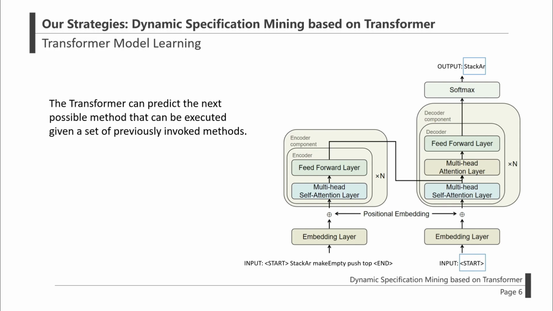For example, when the method prefix is start, the next most likely method to appear is stackAR. Adding it to the method prefix at this point, the method prefix is start stackAR, and then the prediction is made through the transformer model, and the next most likely method is makeEmpty.